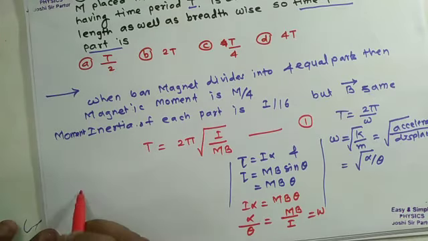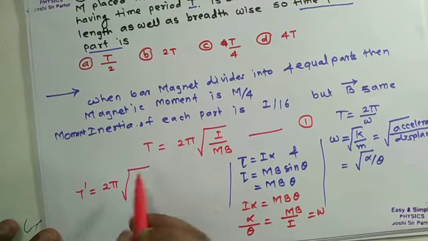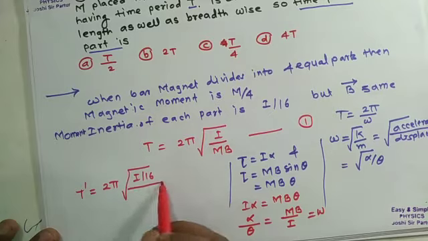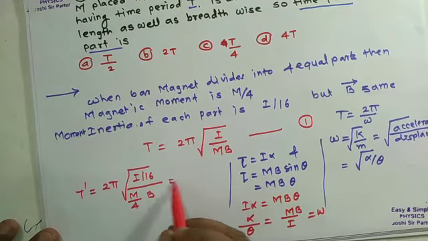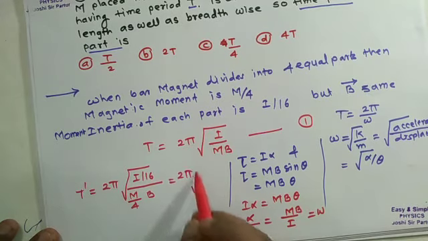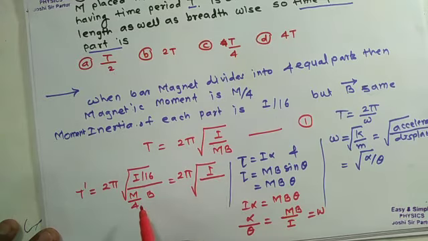So the new time period T dash is equal to twice pi square root of I dash upon M dash B, where I dash means I upon 16 and M dash is M upon 4, which will be written as twice pi square root of I upon 4 MB.